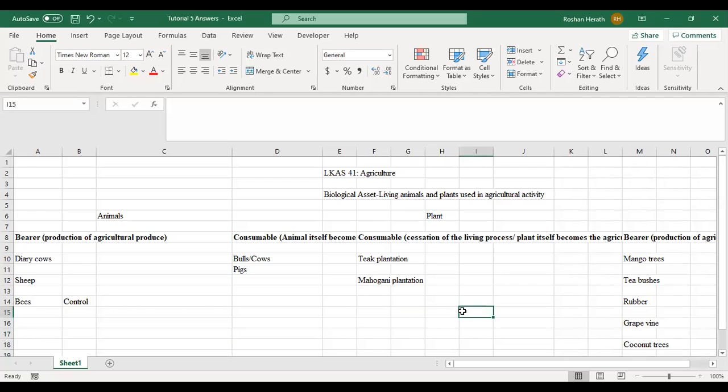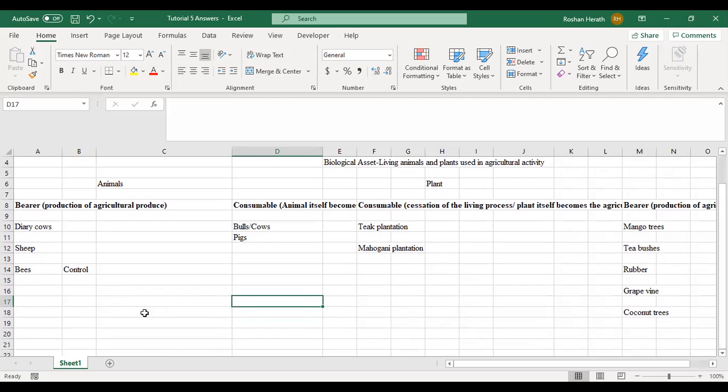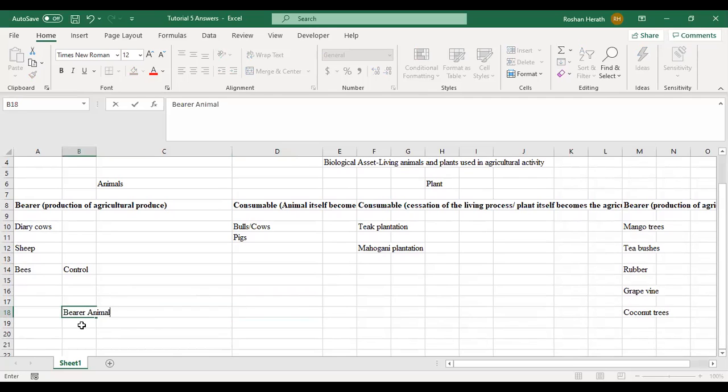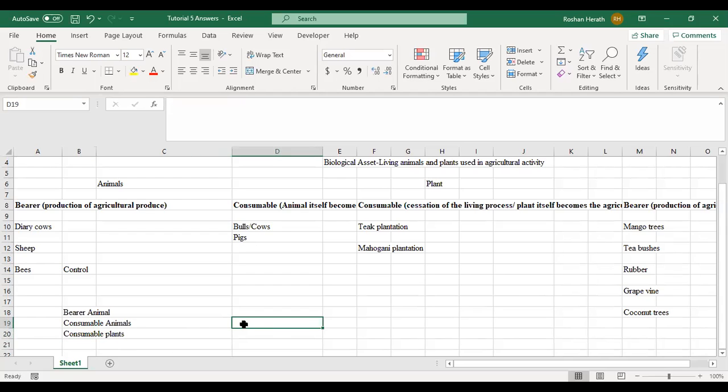Out of these 4 categories, if I take the bearer animals, the category we have discussed, and consumable animals, and also the consumable plants, we treat them under LKS 41. So the applicable accounting treatment is dictated by LKS 41.